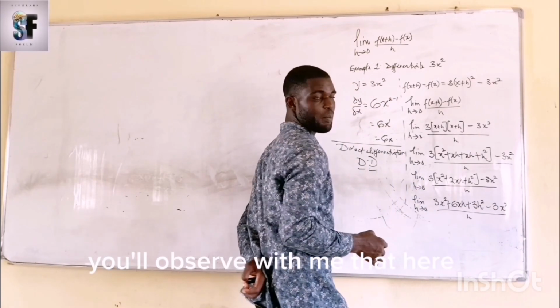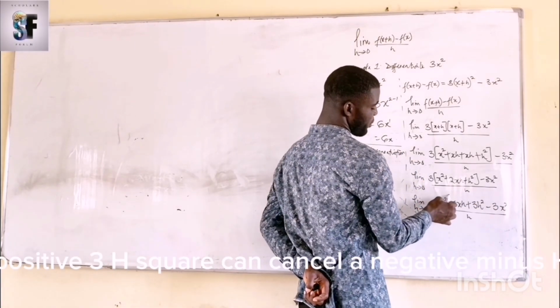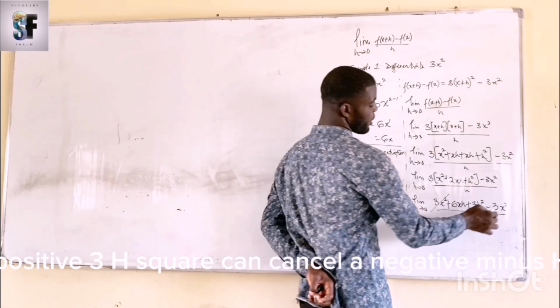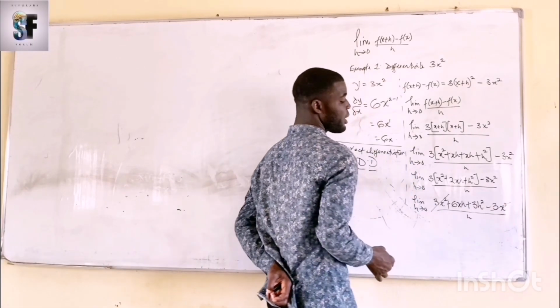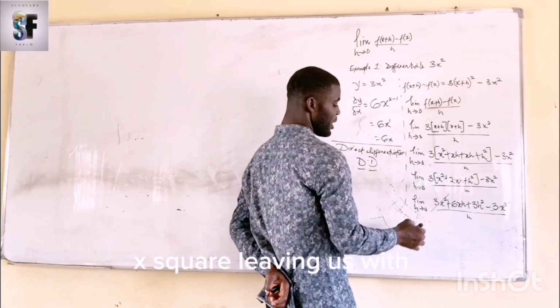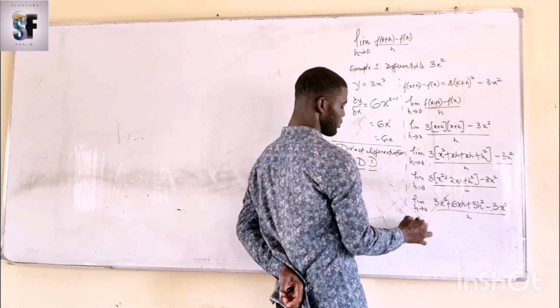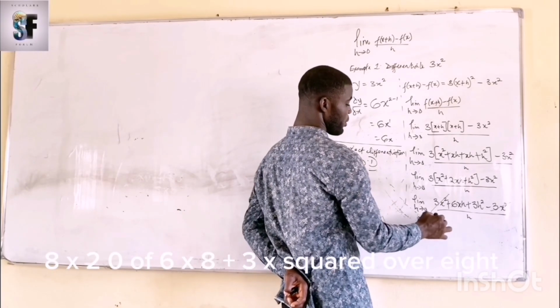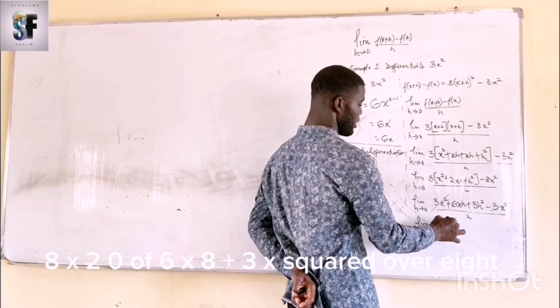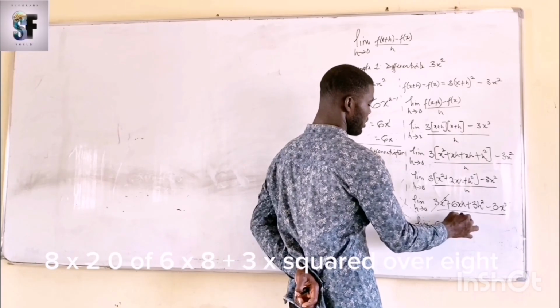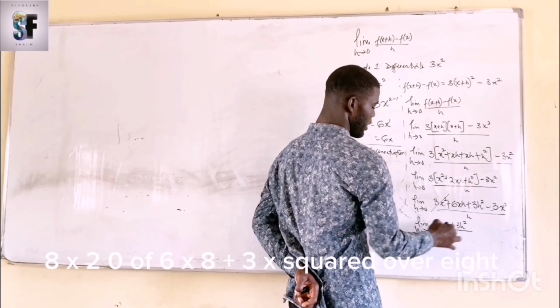Now you'll observe with me that the positive 3x squared can cancel the negative 3x squared, leaving us with the limit as h tends to 0 of 6xh plus 3h squared over h.